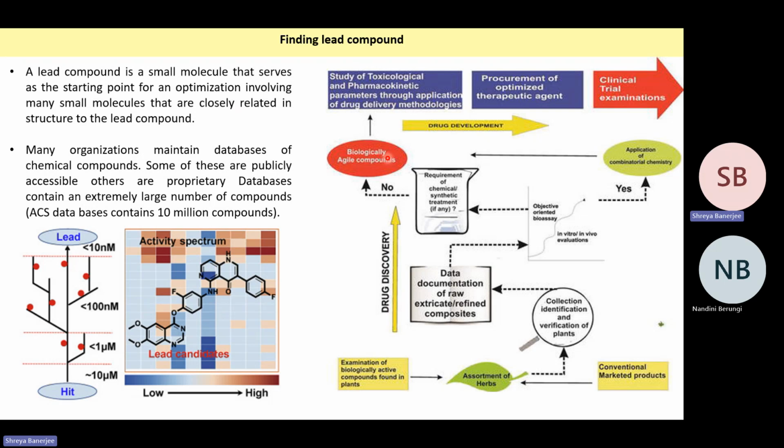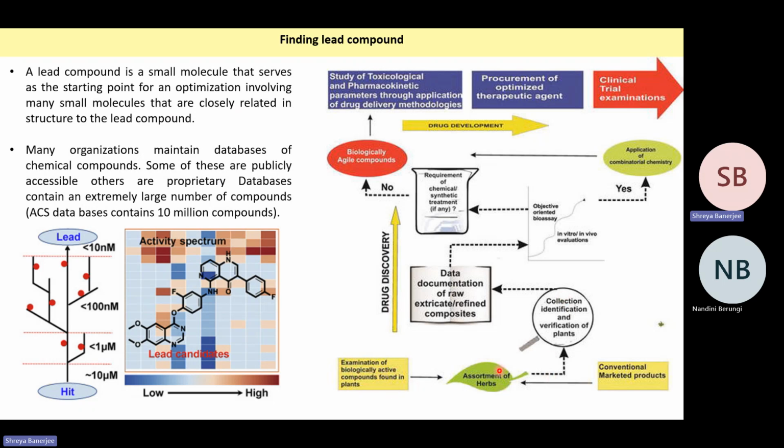So basically, how is this lead compound obtained? Firstly, there can be a list of conventional marketed products. The conventional drugs that we use, like paracetamol and others, are common molecules which have biological activity. Another source can be the biologically active molecules that come from plants and different herbs, so examination of biologically active compounds found in plants.